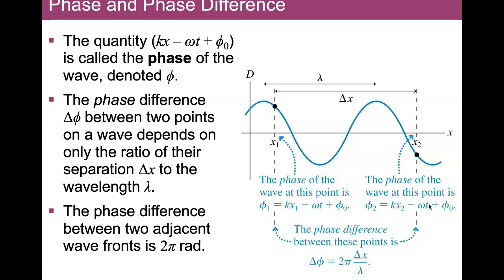Omega t is the same if you consider two different points at the same time, which is often what's important in adding waves, right? We add them at the same time. Adding waves, for example, generated by different sources. So there is a quantity known as the phase difference, which is just the difference between these phases, but it turns out to be 2 pi over lambda, or k, times the difference between distances.